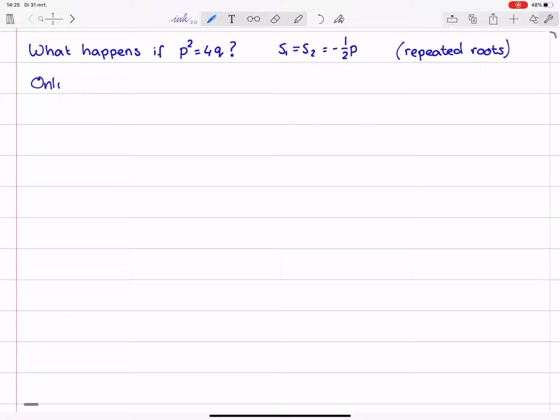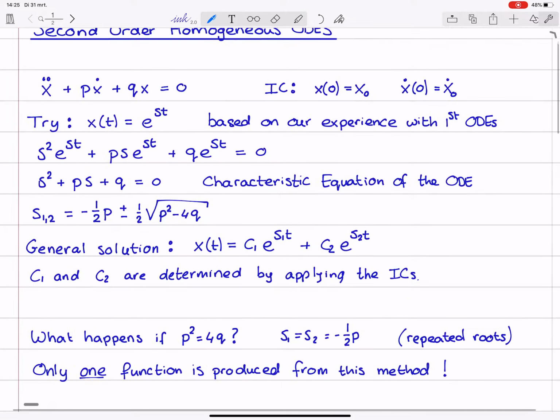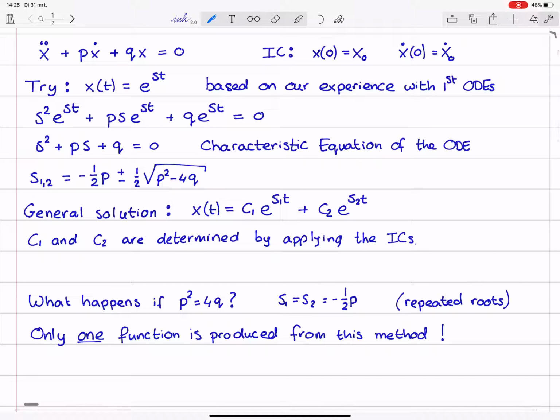Only one function is produced from this method. And this is a problem because the general solution must consist of two linearly independent functions, because after all there are two initial conditions that need to be satisfied.